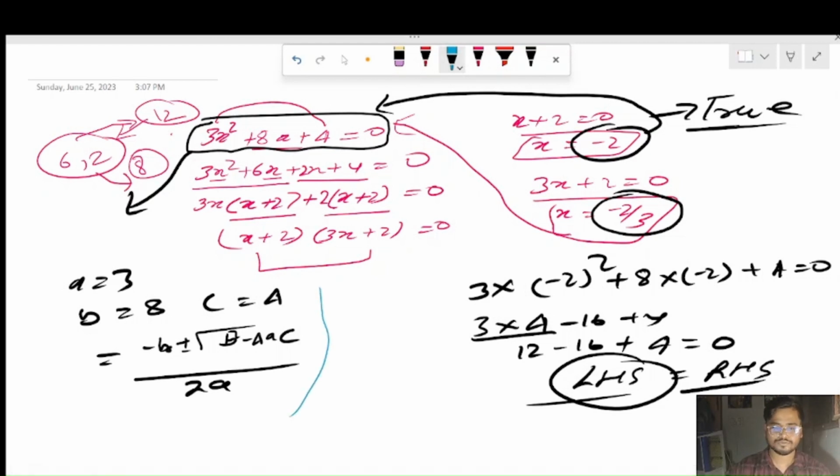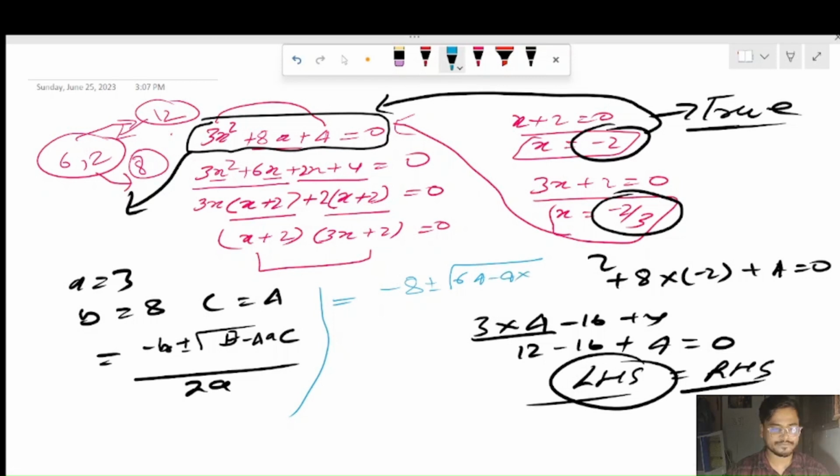So what will the roots become? Minus b is minus 8, plus or minus under root b square, which means 8 square, which is 64, minus 4 into a into c.